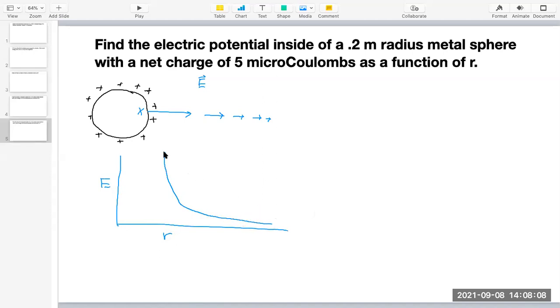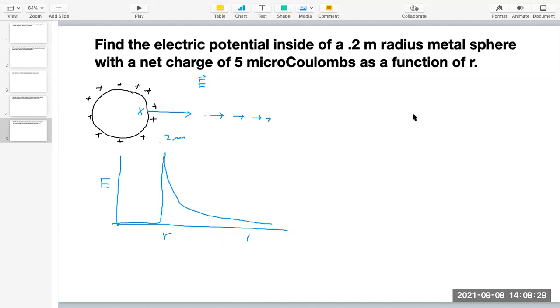But inside, there's nothing. This is at 0.2 meters.